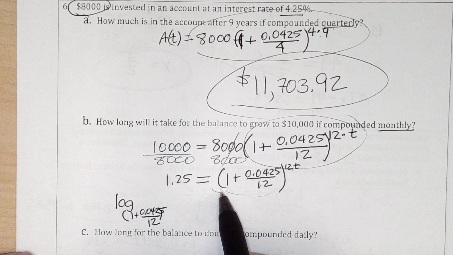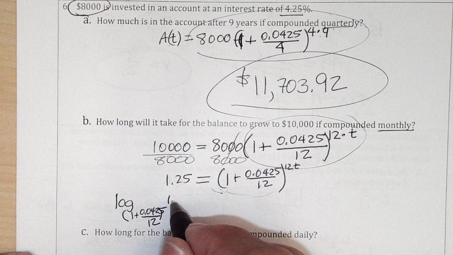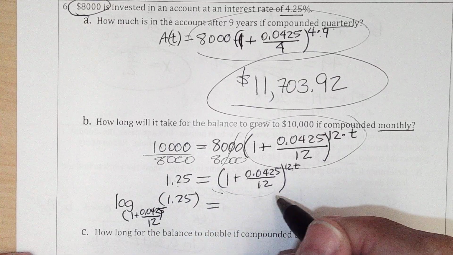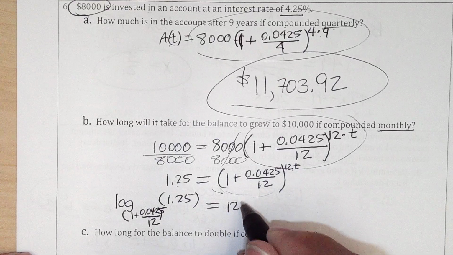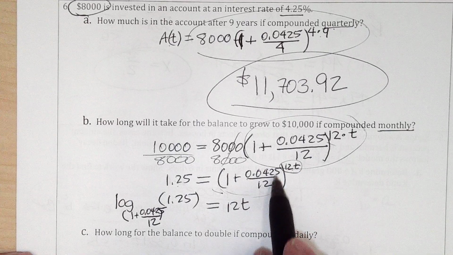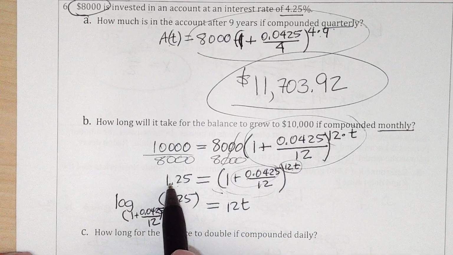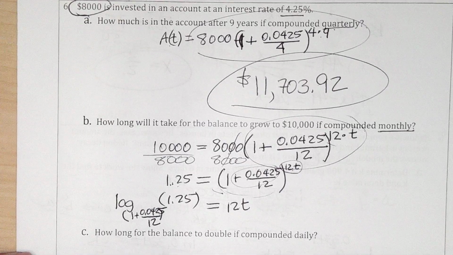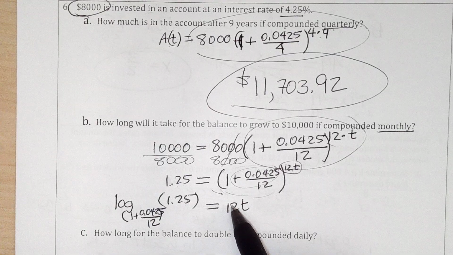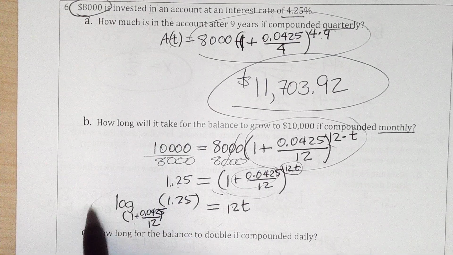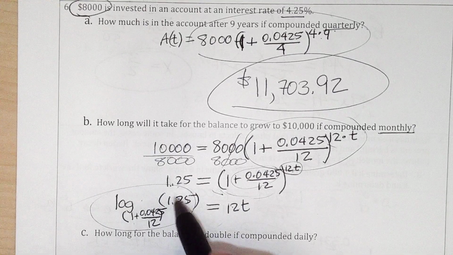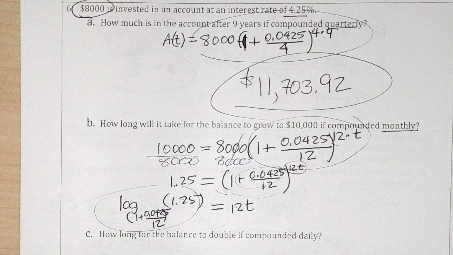That's the base of this, equals 12t. The power, base, and so on. So now I can get the log of this and then divide by 12. To do the log of this, I can use the change of base rule, log of this divided by the log of this. So I'm going to do that.